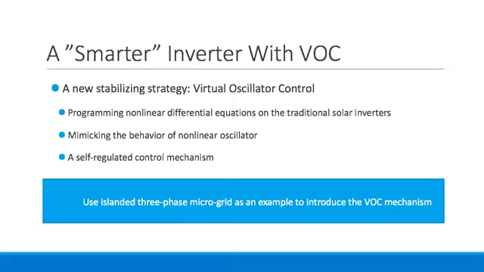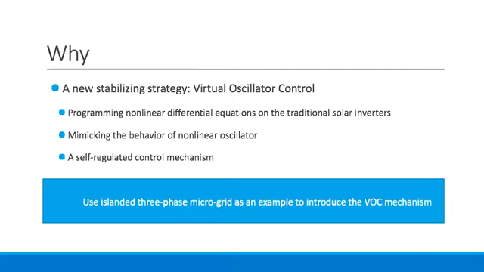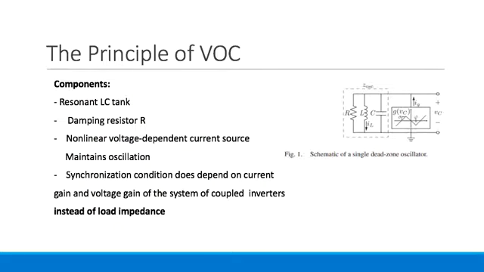So in the following slides, we're using the situation of an islanded three-phase microgrid as an example to introduce it. What are the components for the VOC system? It is basically very similar to a traditional oscillator.